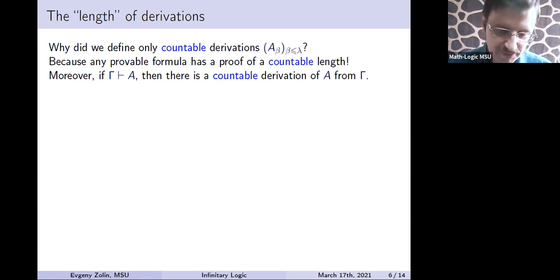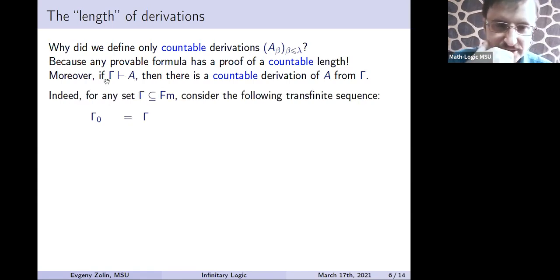Well, when we prove completeness, of course. If we prove completeness, then we will know that every tautology can be proved in countably many steps. And here we say the same for derivability from hypothesis.